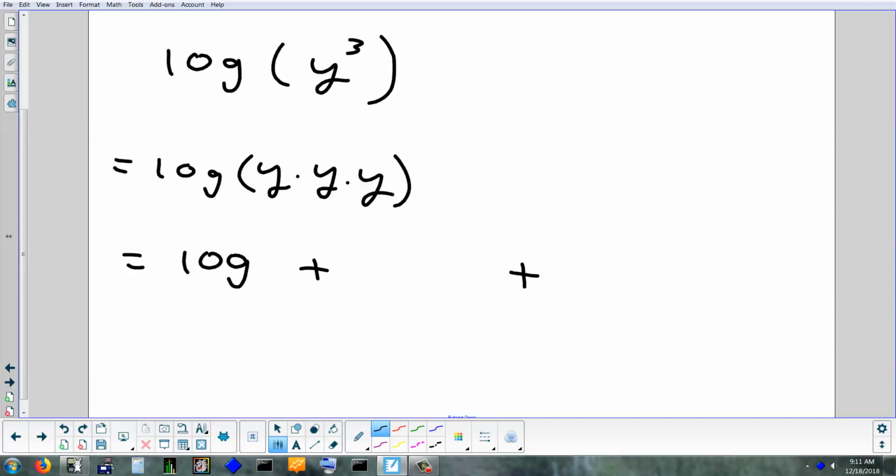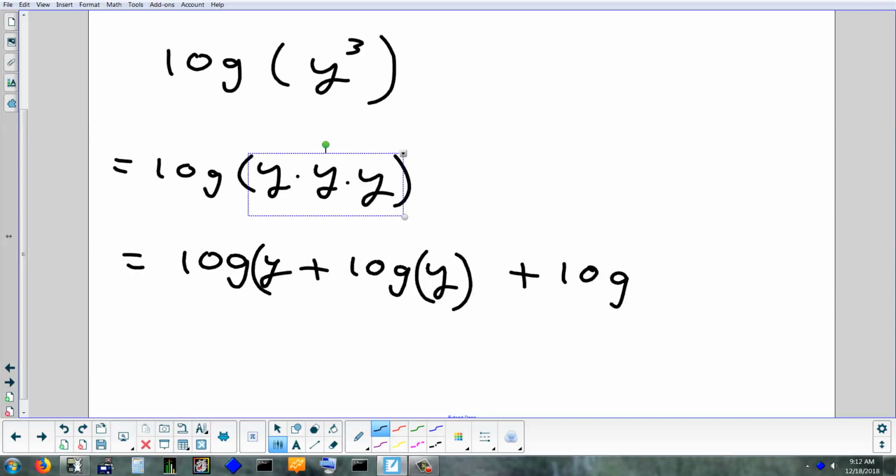So log, log, log. What's my first argument going to be? Y. It's my first factor. What about my second argument? Y. My second factor. I'll just put these in parentheses so they look clearer. And then what about my third argument? Y, which is my third factor.